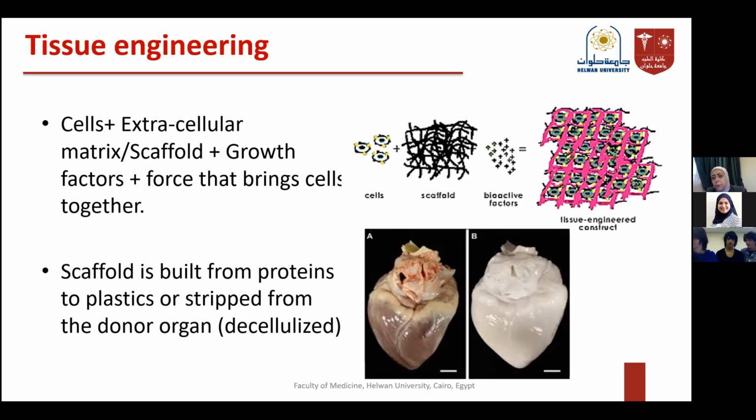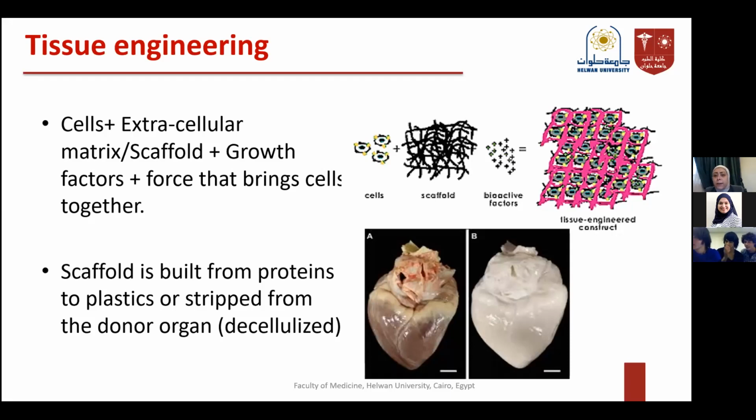We remove the cells to put the cells of the same person so that no immune response will arise against him, because you know that in organ transplantation, even if there is a matching, there will be an immune response from the graft to the host and from the host to the graft, okay?